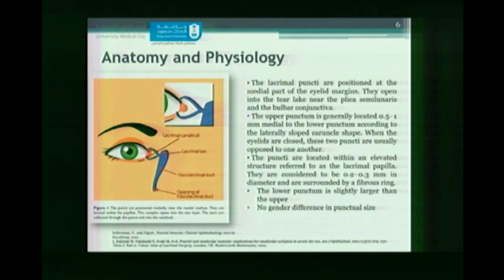With eyelid closure, the puncti are usually opposed against each other, which helps a lot in the lacrimal pump mechanism. Generally speaking, the punctal size is usually between 2 to 0.3 millimeter, and the lower punctum is slightly larger than the upper, and there is no gender difference in punctal size.